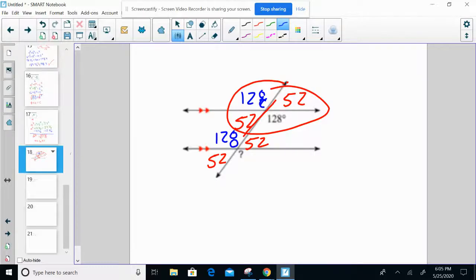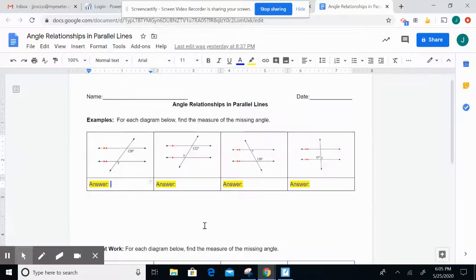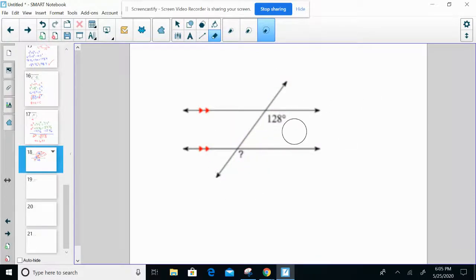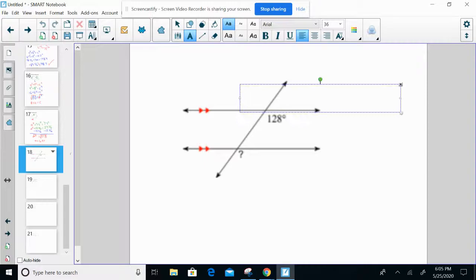And so our angle in question is 128 degrees. You don't need the degree symbol, that's fine with me. But all of the angles around there add up to 180, and they're all the same, and they slide straight.